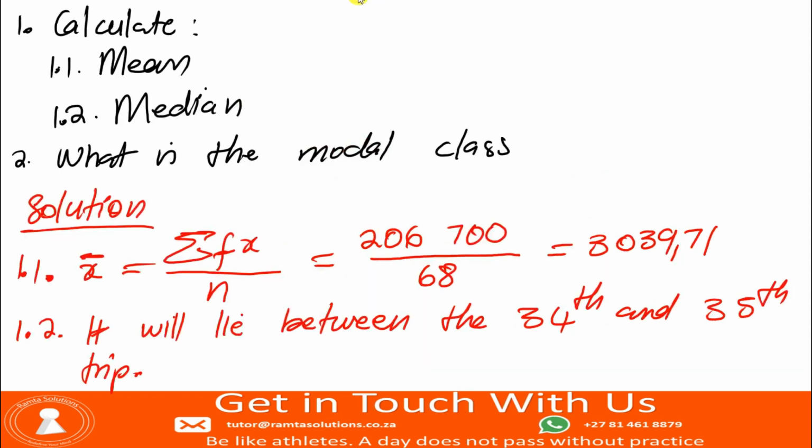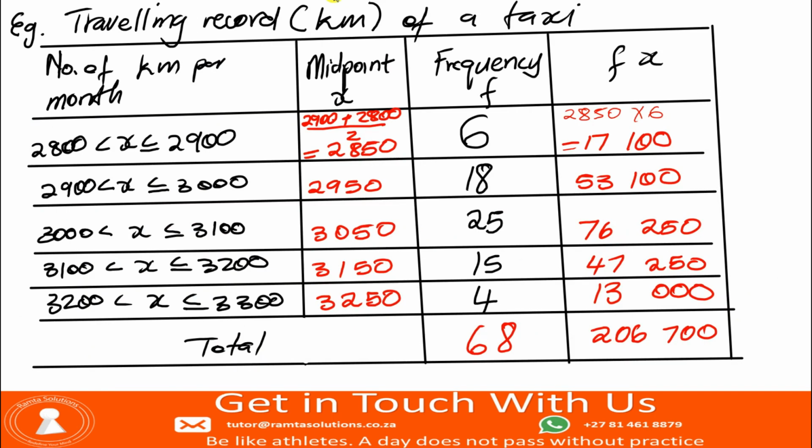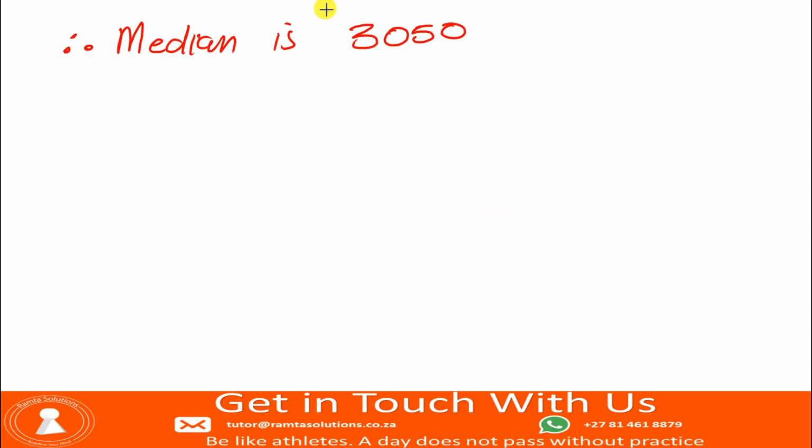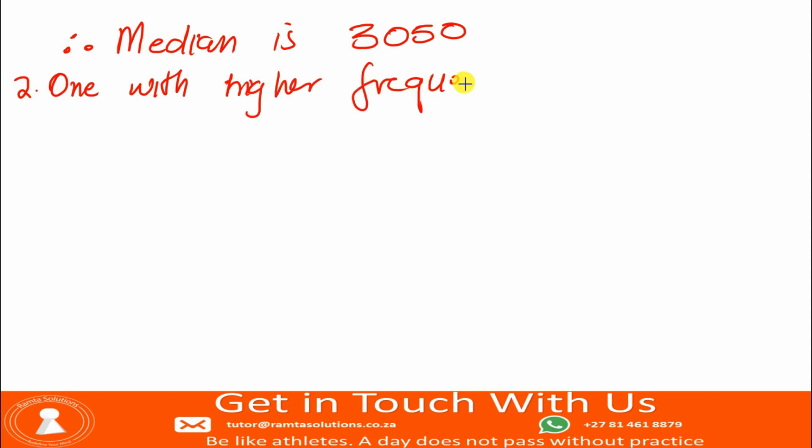Now, what is the modal class? When they ask for the modal class or modal interval, it's the one with the higher frequency. So whenever you see grouped data and they ask for the modal class, you're looking at the class with the higher frequency.